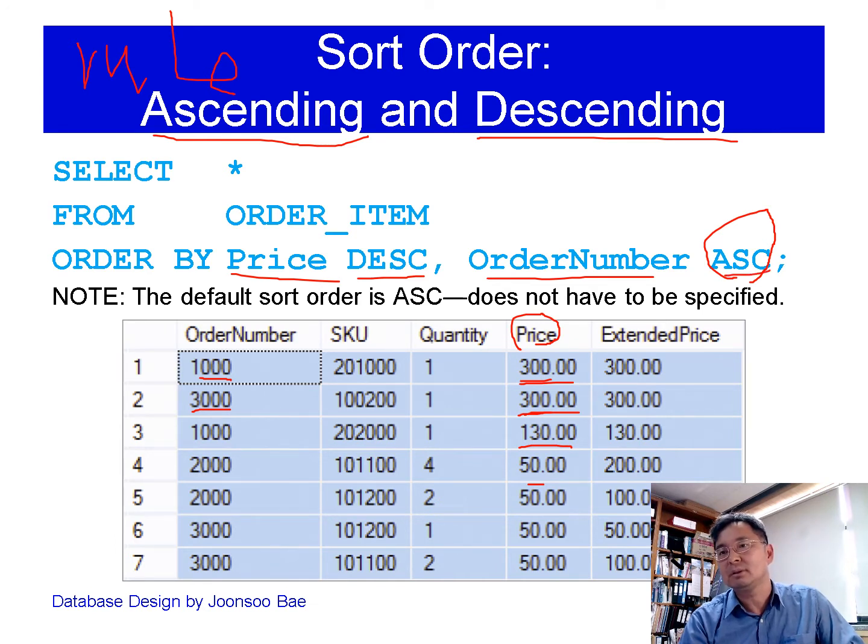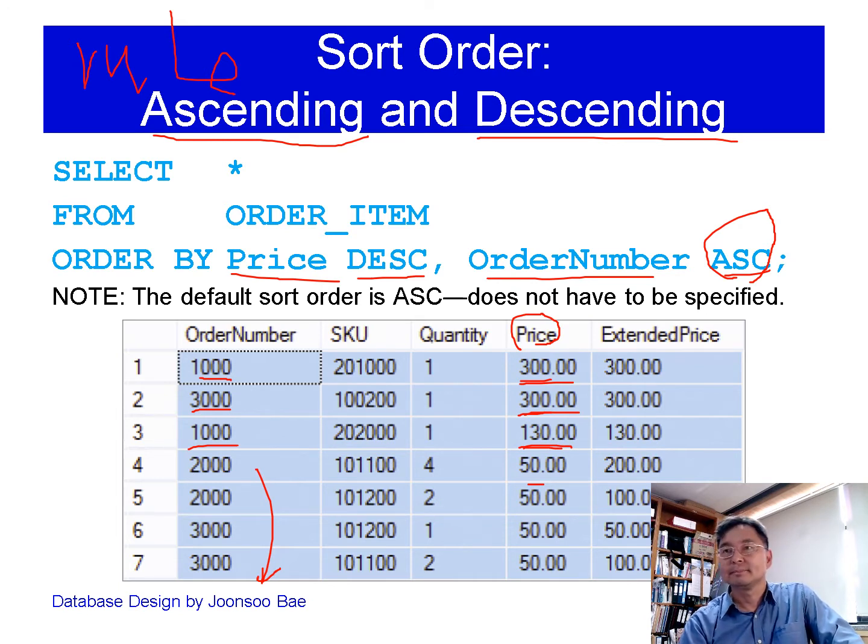It is also correct. And 130 is only one, so 1000, and 50 has four data. We can check if it keeps ascending order well: 2000, 2000, 3000, 3000. Yes, it keeps well, so it is correct.